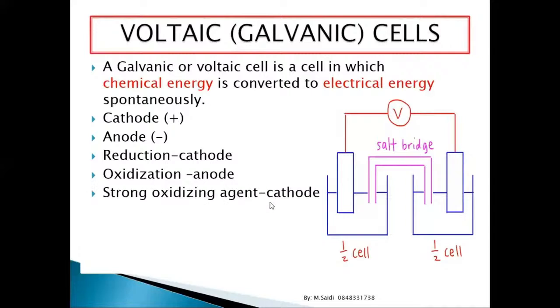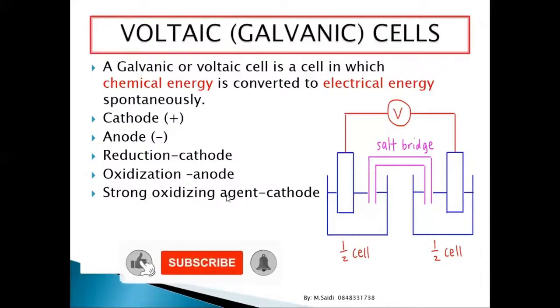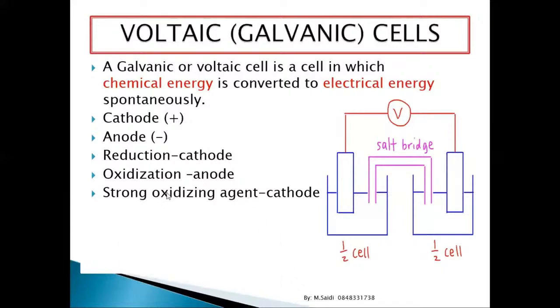A strong oxidizing agent is put on the cathode. When you say oxidizing agent, what happens to it? It means that it is reduced. So it is less reactive and it can accept the electrons.